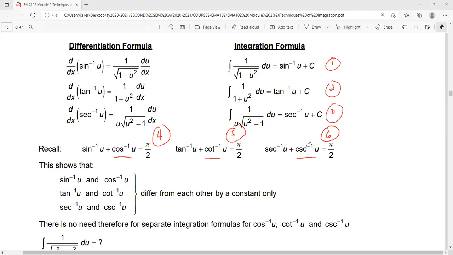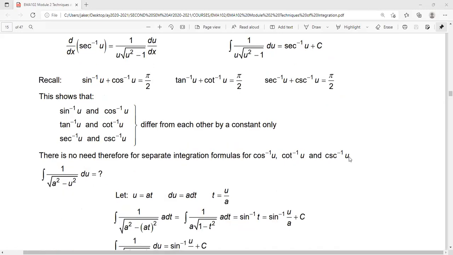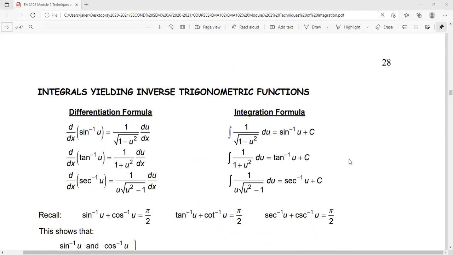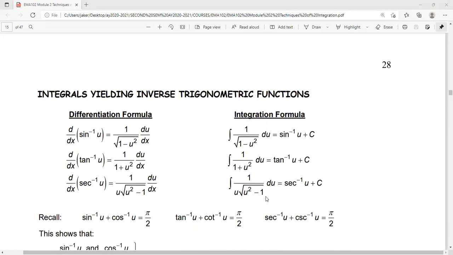Now, what about the last 3? Okay, I will clear my marking so that I can go down. So the last 3 would be a modification, as I've said, of what you have in here. If you look very closely, class, at the 3 main integrals here, yielding the inverse trigonometric functions, the constants that are added to or subtracted from the u squared are all 1.